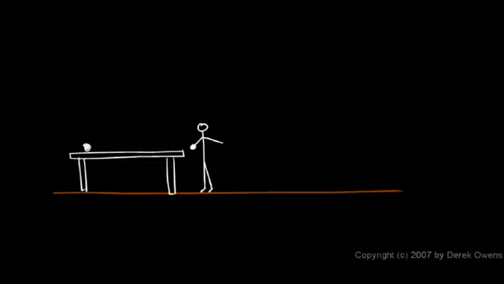And then you stand over here. And you're going to give this object a shove, and it's going to go flying to the right, and when it gets to the edge of the table, it's going to start moving in a downward parabolic path like that.